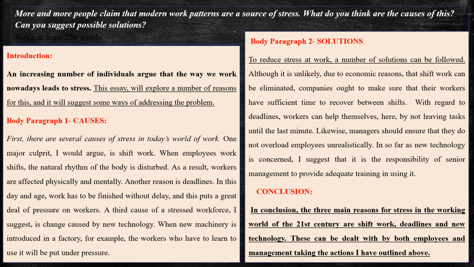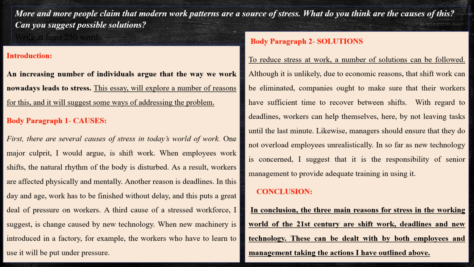You are simply paraphrasing the question by changing some words with their synonyms and writing the thesis statement. The thesis statement basically tells what you are going to do or what this essay is going to give. So this essay will explore or give or explain a number of reasons for this, for the problem. And it will suggest some solutions for this.